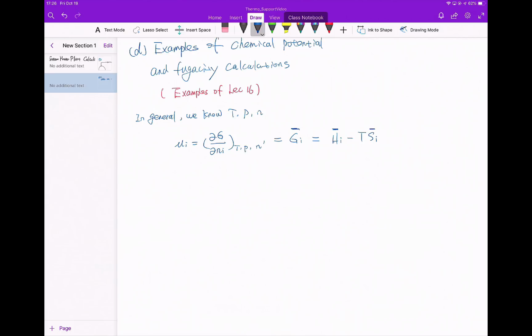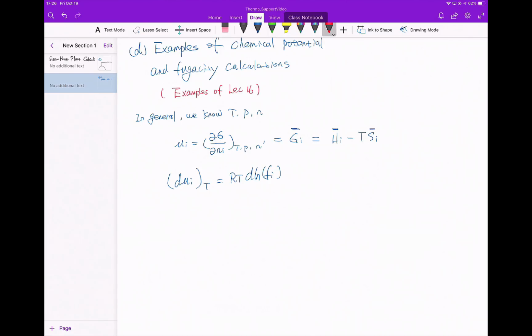The other useful equation is of course the definition of fugacity, which is d mu i at that fixed temperature is RT d log Fi.